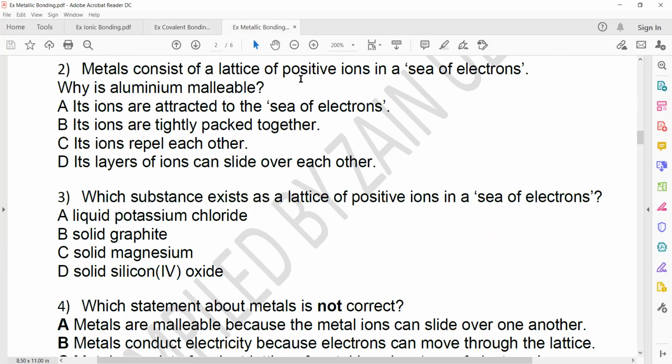Which substance exists as a lattice of positive ions in a sea of electrons? Liquid potassium chloride, solid graphite, solid magnesium, solid silicon(IV) oxide. C is the right answer.